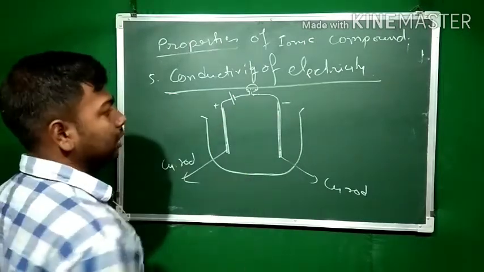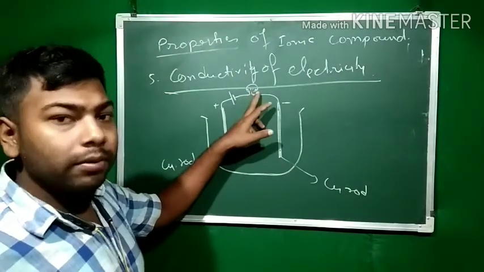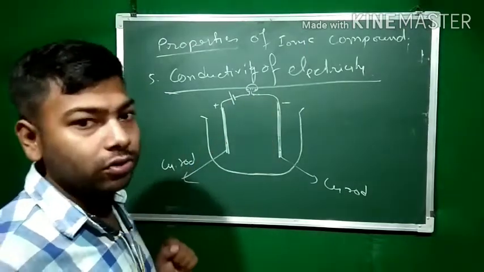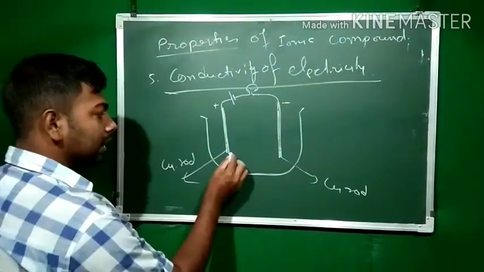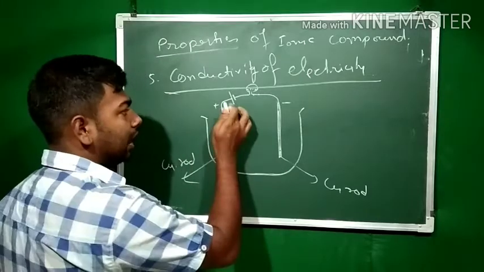Now see, if we connect this battery, will the bulb light or not? Obviously not. Why? Because there is no connection between these two electrodes. That means the circuit is not complete.